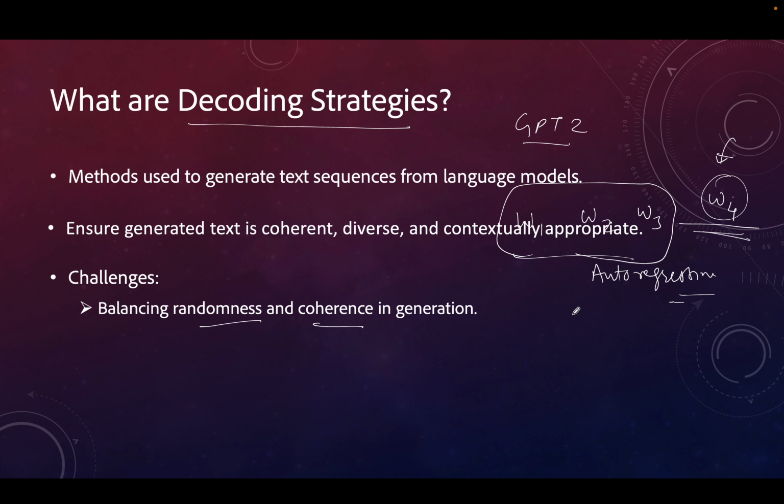After word 4, word 5, let's say again some word, next most probable word is W2, then again it will keep repeating W3, W4, W5 and again W2 until you reach the maximum number of tokens. So you need to insert some randomness, but if you insert too much randomness, then you may lose coherence in the text. You need to keep a balance between these two.